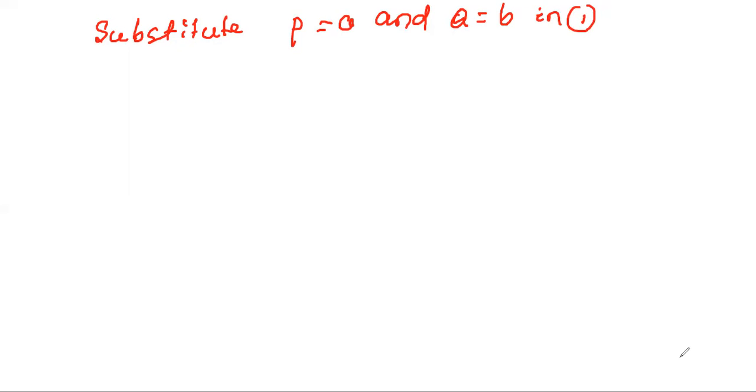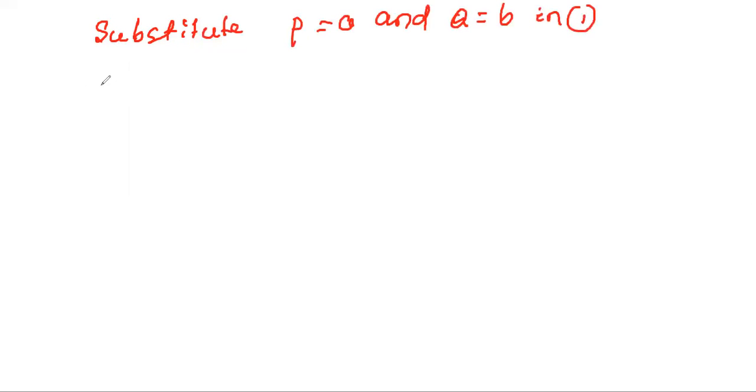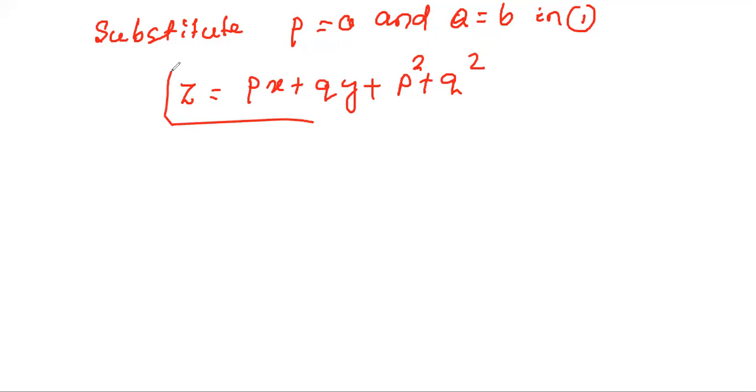What is the result? z is equal to px plus qy plus p square plus q square. So this z equation is the partial differential form. The equation is called the partial differential equation. That is one example I have discussed here.